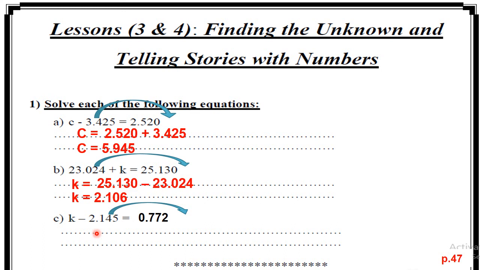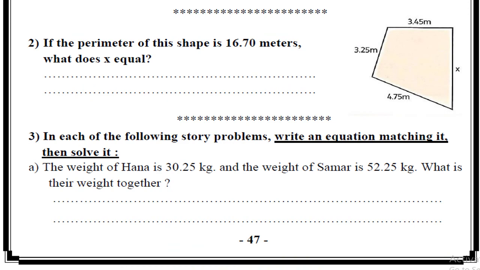The operation here is minus, so it will be plus. So K equals 0.772 plus 2 and 145 thousandths. If we calculate it, the answer will be K equals 2 and 917 thousandths.